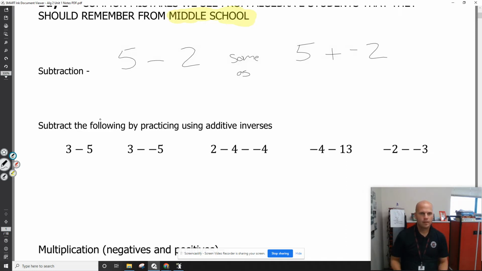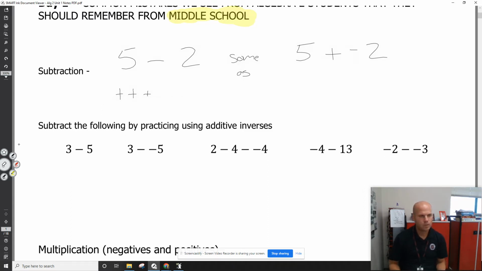Now, for example, I'm just going to show you using manipulatives really quick. If I have 5 pluses, and I take away 2, I have 3.